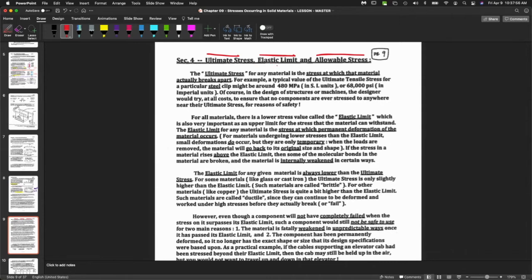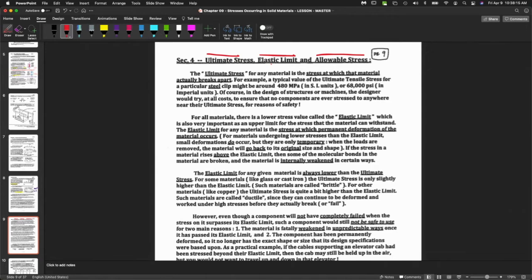The elastic limit is the limit of stress that once you remove it, it'll bounce back. It'll go back to its original shape. So elastic limit is about preserving the integrity and going back to your original shape.